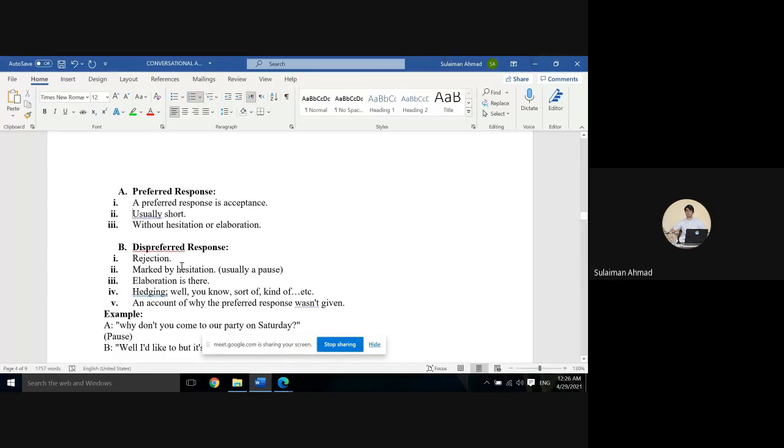Now dispreferred response is long. Why? Because it is marked by hesitation, by elaboration, and by hedging. Let's talk about these three.